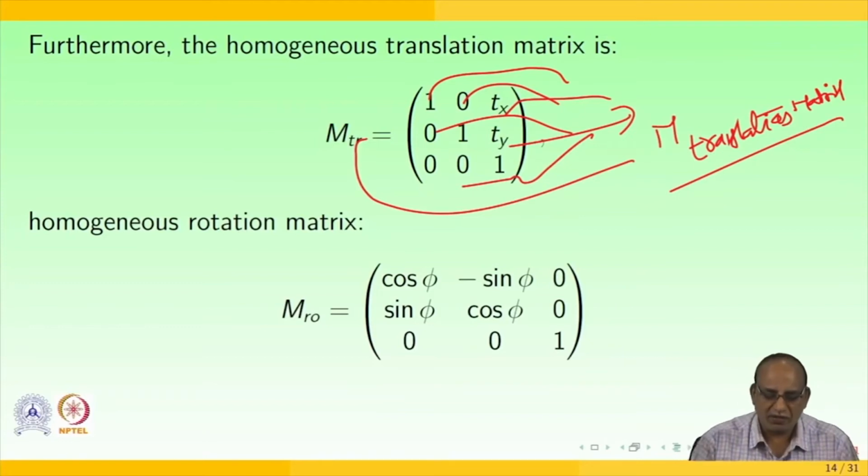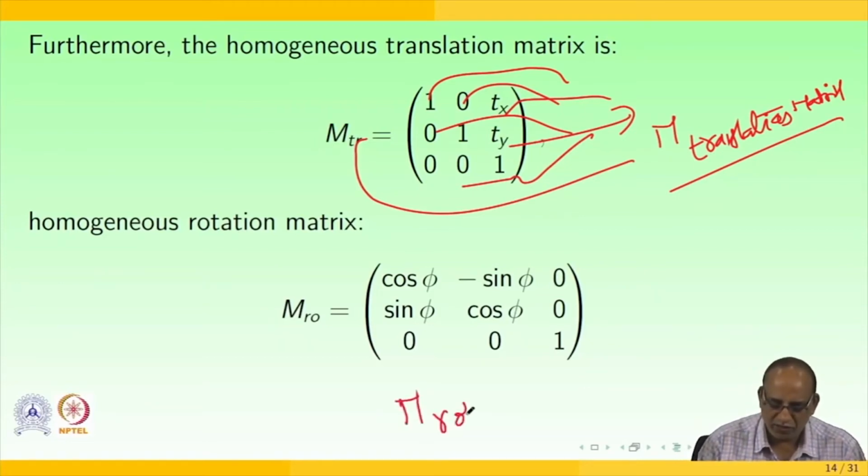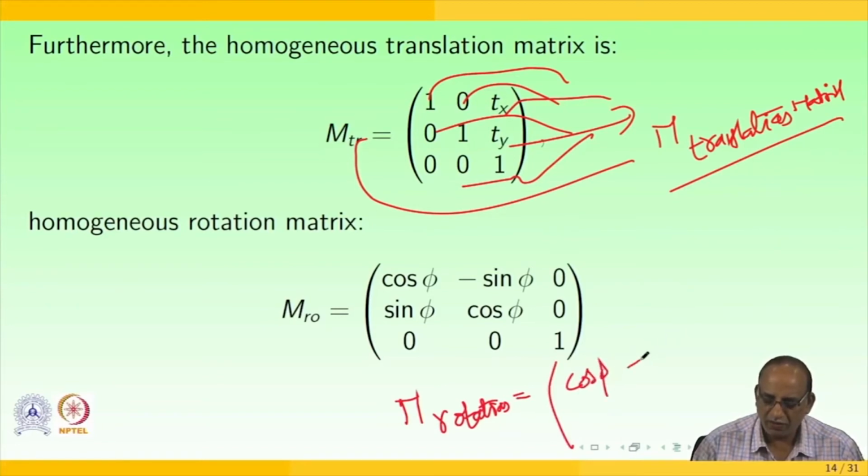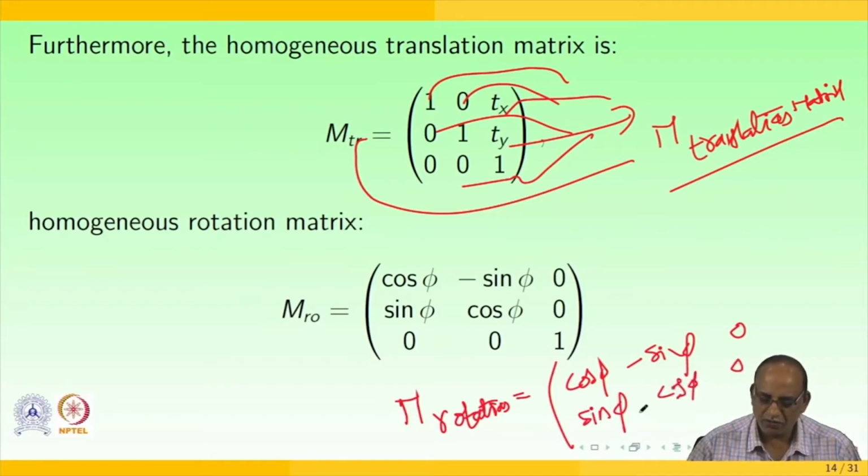Homogeneous rotation matrix. That is, when you talk about M rotation, it is [cos phi, minus sin phi, 0; sin phi, cos phi, 0; 0, 0, 1].